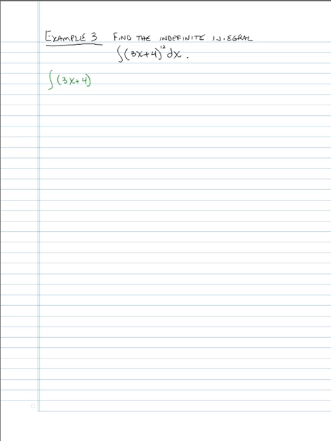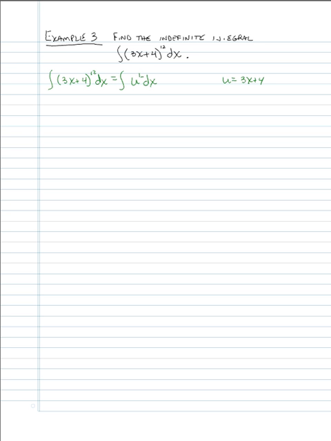Here's our integrand. Here's what we're taking the integral of. And it makes sense for us to say that u is 3x plus 4. And we know immediately that will give us the integral of u to the 12th dx. Now, we don't have any extra stuff here except dx, but we can't have a variable u and a variable x in the same integral.